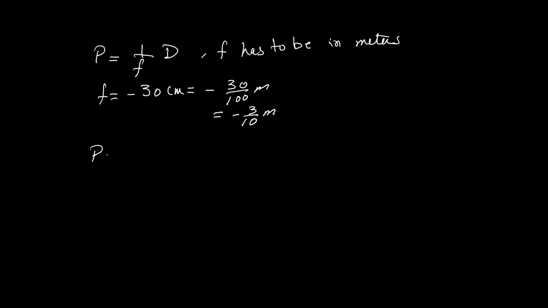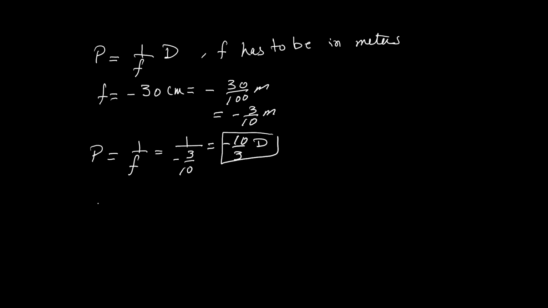So the power is 1 over f, which is 1 over negative 3 over 10. You flip it and multiply by the numerator. So you get negative 10 over 3 diopters. That is the power, and for a diverging lens, the power is negative.